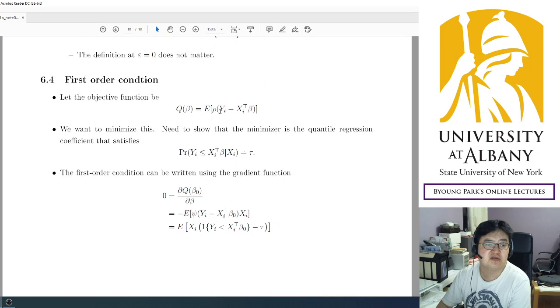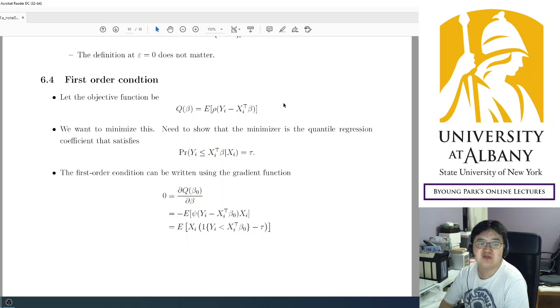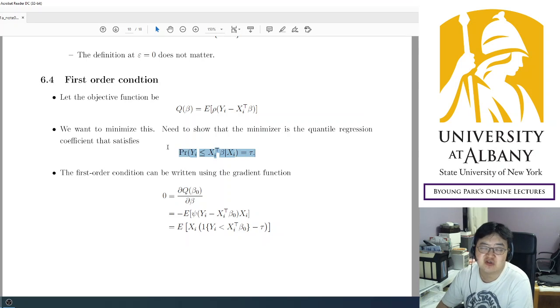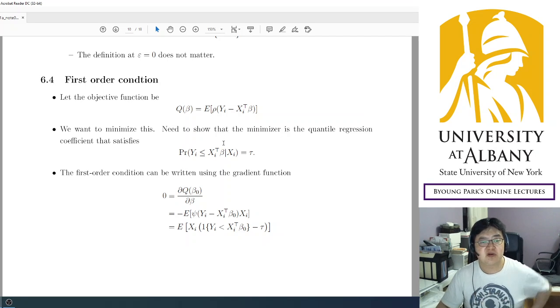The objective function is this form, and we would like to show that the minimizer of this objective function satisfies this condition. So this is the definition of the true parameter beta, which I defined earlier. The true parameter beta satisfies this relationship. Now let me show you how we get it.